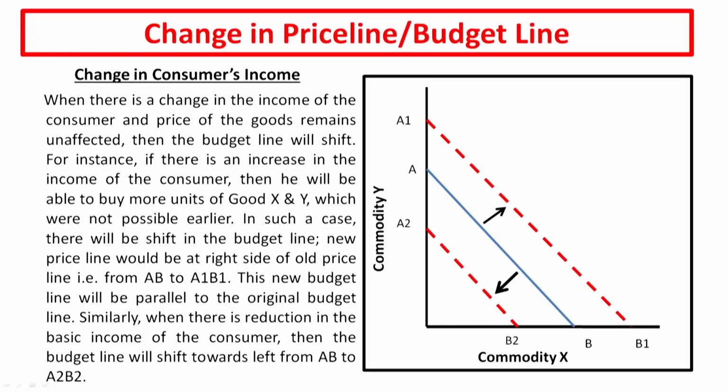So, when there is a change in the price line, suppose a change in consumer income. For example, the income of the consumer was only 40 rupees, and within that 40 income, the consumer was purchasing both the commodities.